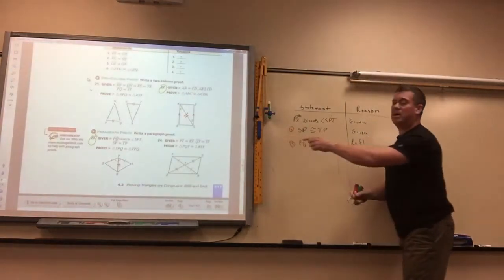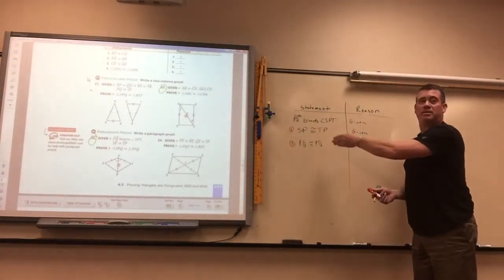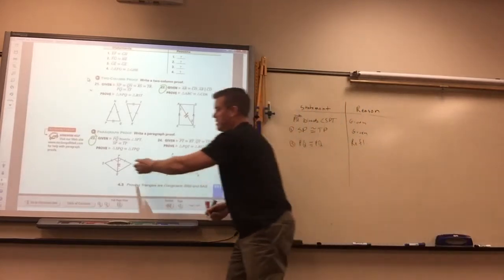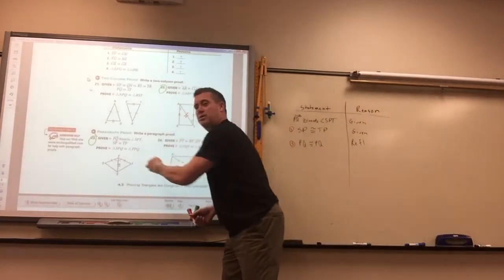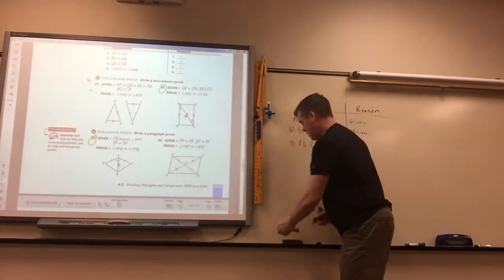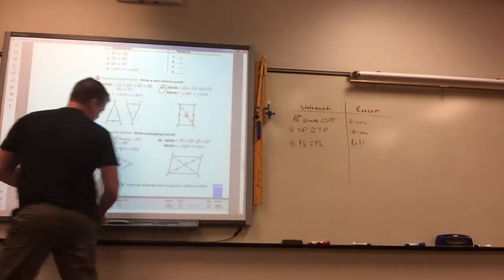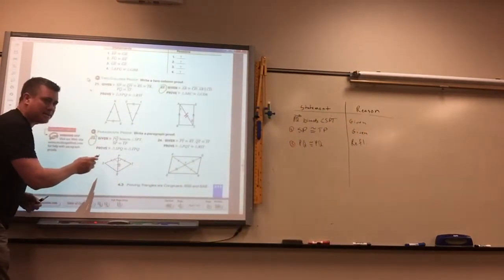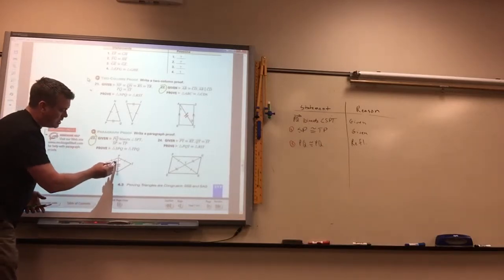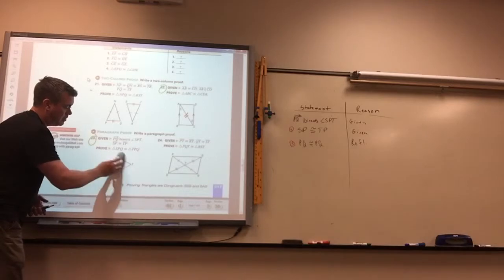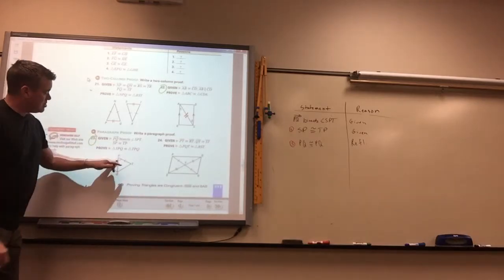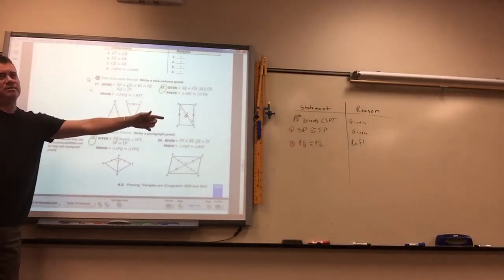Now even though it's drawn on the picture, it's not in my proof yet. See here they drew in that these two are equal. It's got one arc and one arc. Sometimes people get confused because they say, well, this is a smaller arc than that, so they're not equal. The only reason they do that is because otherwise it would look like one big line. So we can see here they're equal, but it's not in the proof yet.